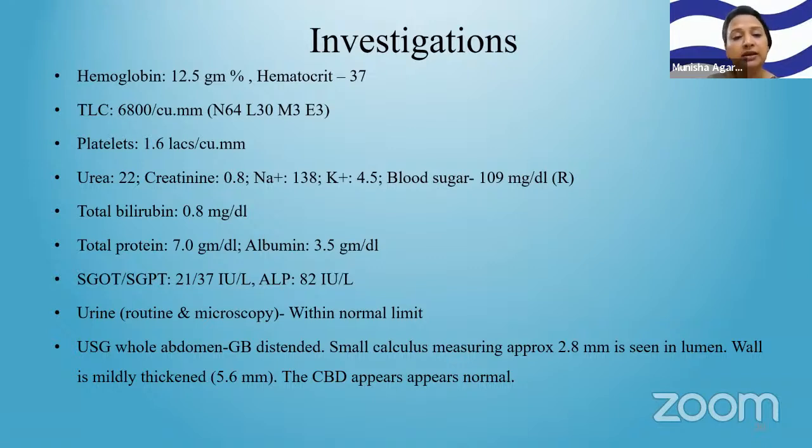So when you are taking consent for a laparoscopic procedure, you should always explain and take consent for an open procedure also. At any time, if the surgeon faces some problem intraoperatively, whether from the anesthesia side or from the surgical side, he may go in for an open surgery. Okay.